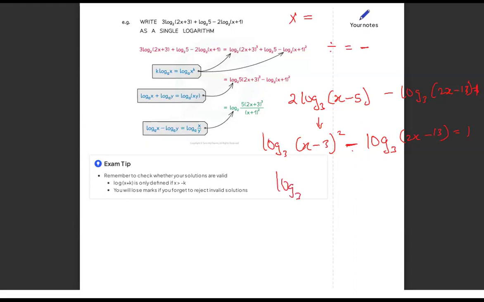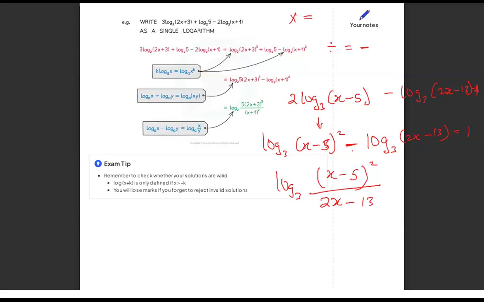So from there, it gives you log base 3 of x minus 5 squared over 2x minus 13, in brackets, equals 1. Everything is equal to 1 because you are taking the log of the whole thing. Remember that log base 3 of 3 equals 1.